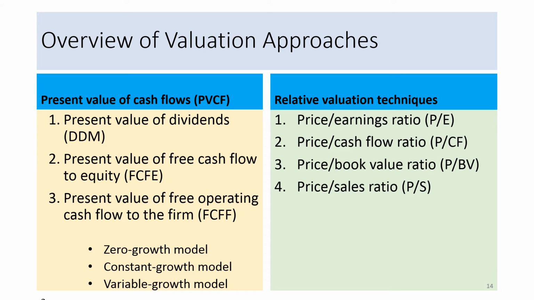We can discount dividends, free cash flow to equity, or free operating cash flow to the firm to find the intrinsic value of the stock. We can use three assumptions for the growth rate: the zero growth model, the constant growth model, and the variable growth model. The relative valuation technique consists of price to earnings ratio, price to cash flow ratio, price to book value ratio, as well as price to sales ratio.